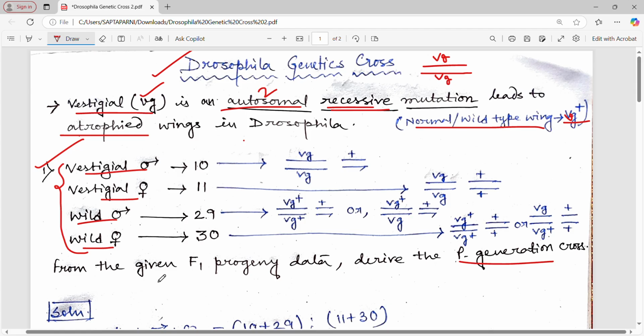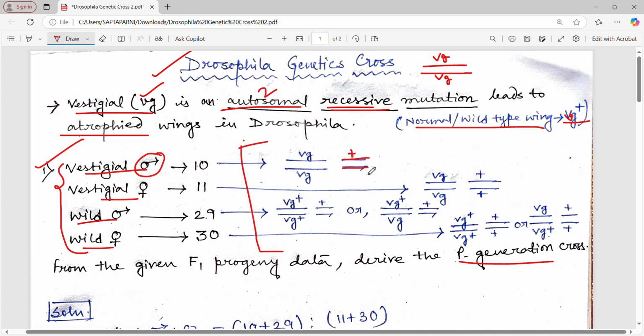As I have already told you in my previous lesson, whenever you get this type of question, the first thing you must do is to draw their genotype. Let's take a look. It is a vestigial male. Since it is a male, first of all we should draw the sex chromosome: the X chromosome with all wild type alleles, and the Y chromosome.